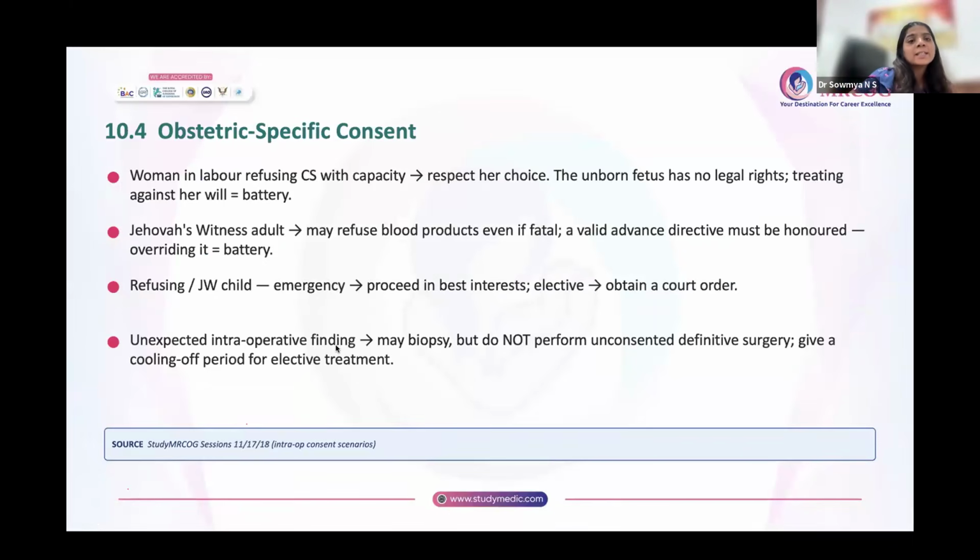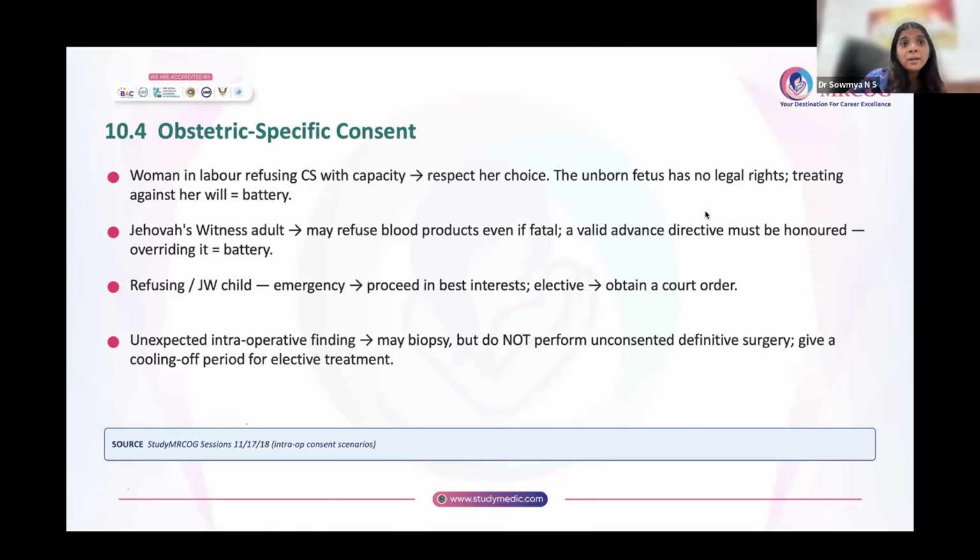Now, obstetric-specific consent. A woman in labor is refusing cesarean section, and when you check, her capacity is perfect. So ideally, you explore her concerns. Probably she is worried about injuries, or about the baby, or something else. You try exploring her concerns and explain what could be done. But if she still refuses, you respect her choice.